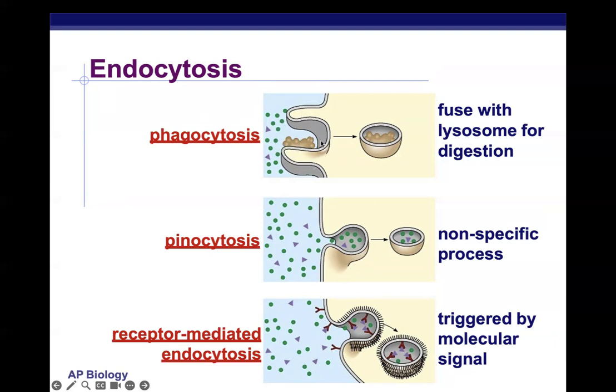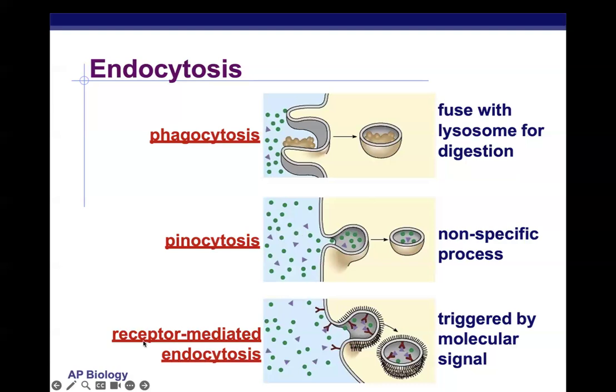And that bubble grows bigger and tighter until it pinches off and eventually floats freely inside of the cell in a vesicle. So phagocytosis, or cell eating, and pinocytosis, cell drinking, can occur.